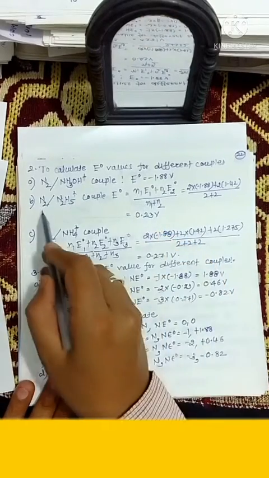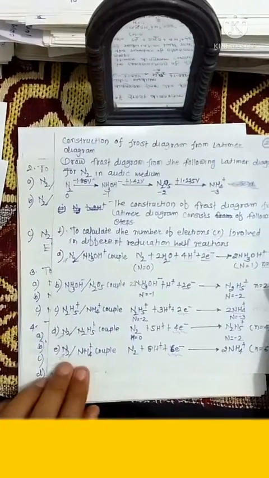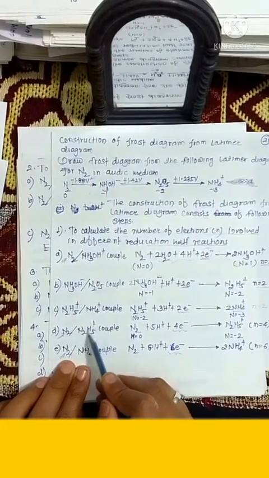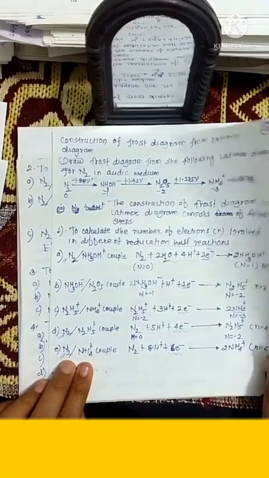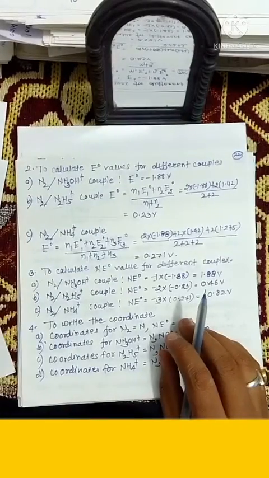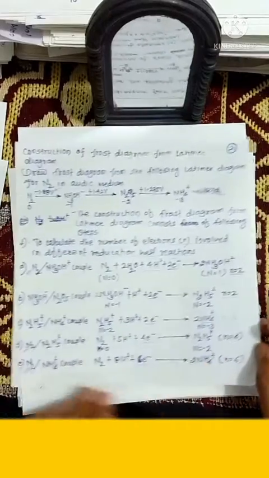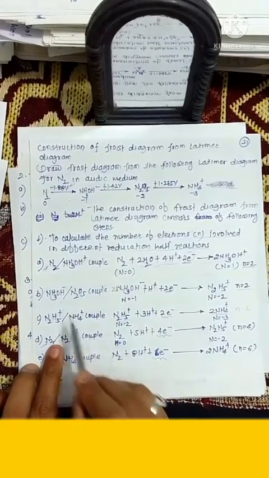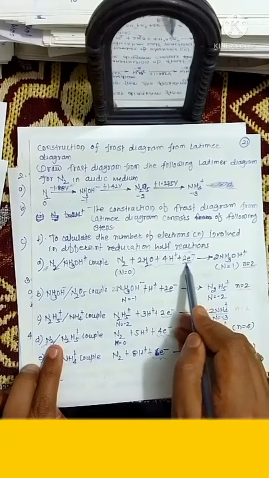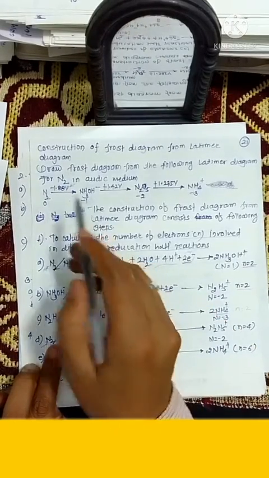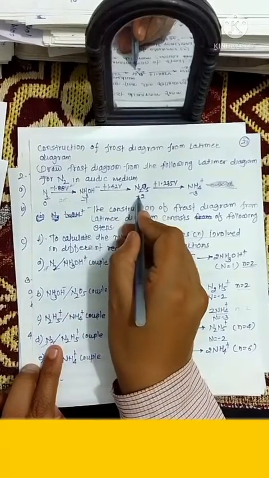So we know that for the N2 to N2H5 plus couple, when we write the half cell reactions, 4 electrons are basically used. How do these 4 electrons come here? The first half cell reaction is like this. This is the n1 value, because from here to here there is a 2 electron change. From here to here there is also a 2 electron change.